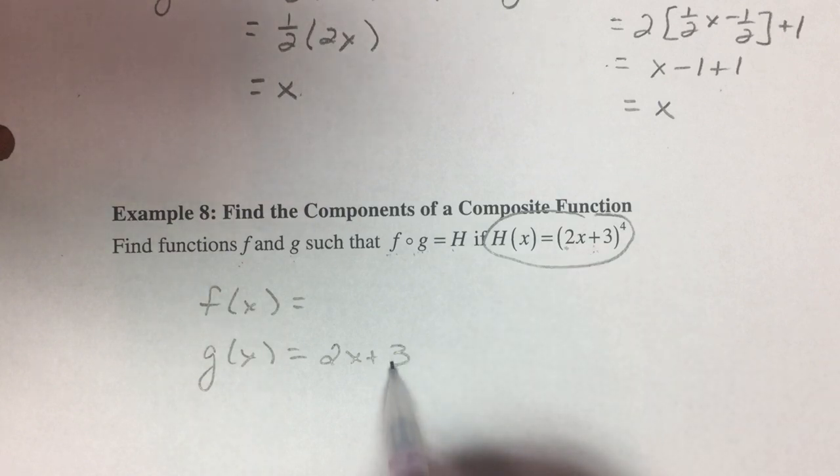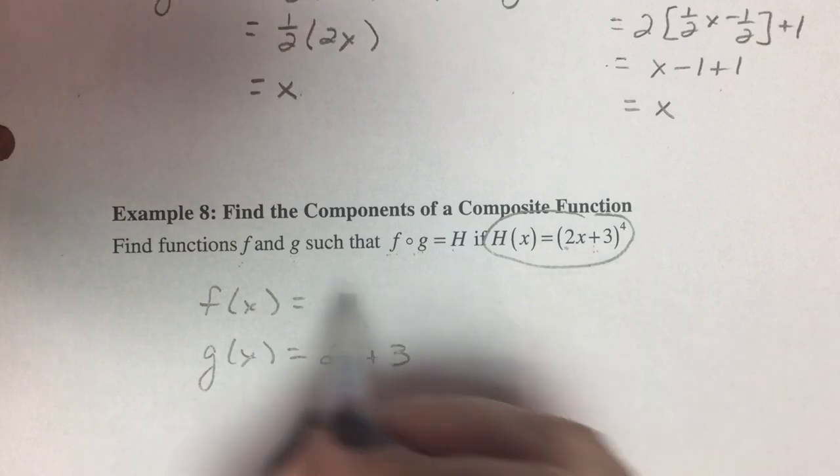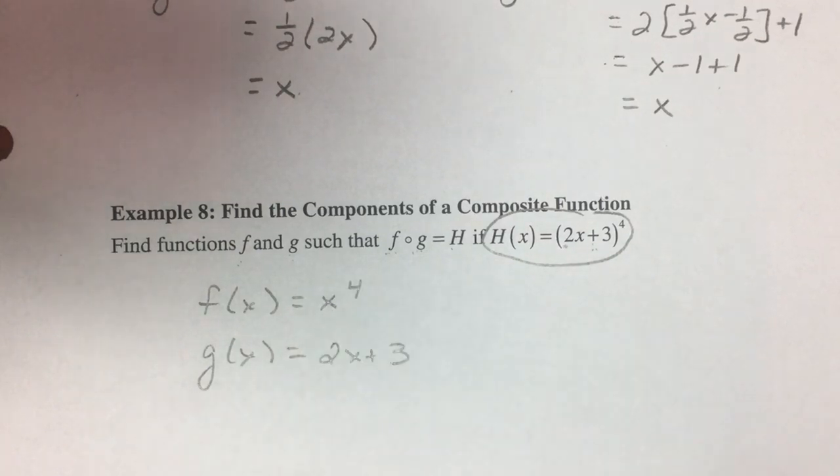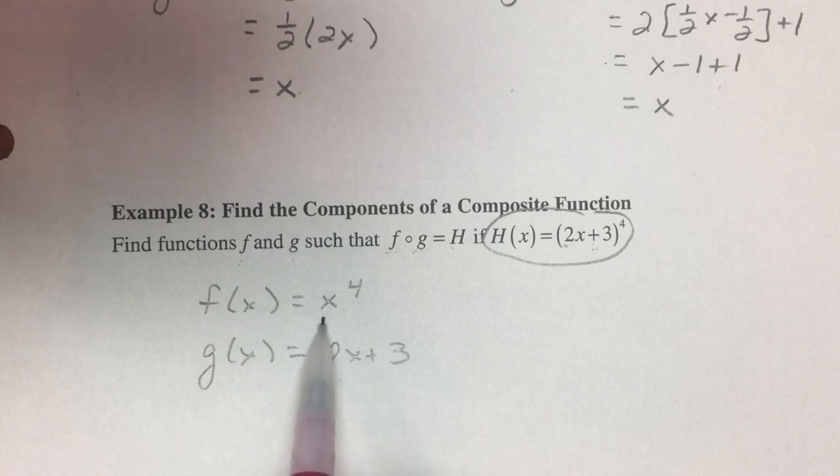So that's my plugging in function, so that's my 2x plus 3. If I take that out and put back the original x, my f function would be x to the 4th. Now just check it. If I were to find f of g of x by plugging g into f, do you see that this is what I would get?